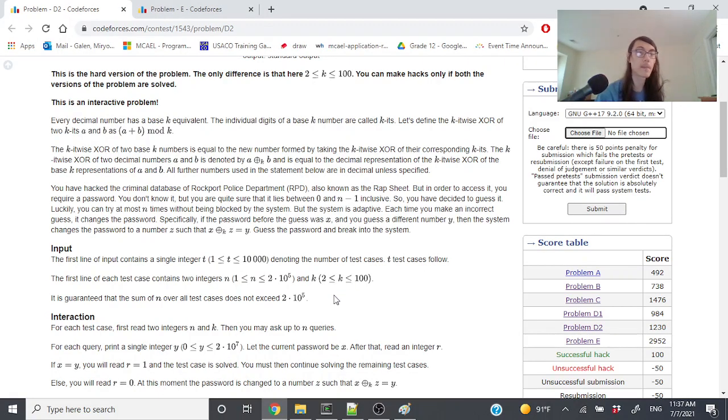Is that the thing? So Z is essentially equal to Y minus X. Oh, yeah. Z is Y minus X.